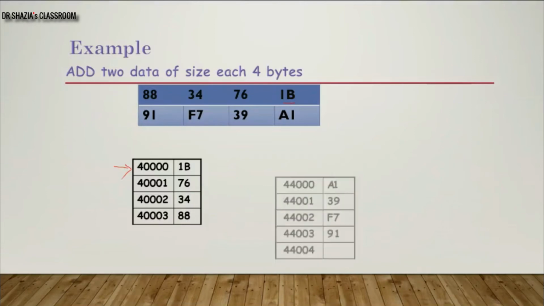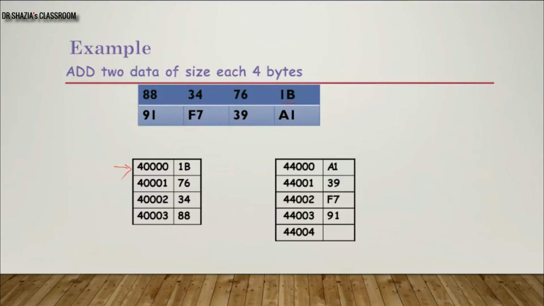Similarly, the second data is stored at memory location 44,000, and its LSB byte is A1. So at 44,000, the data stored will be A1. At 44,001, the data stored will be 39, then F7, and 91.